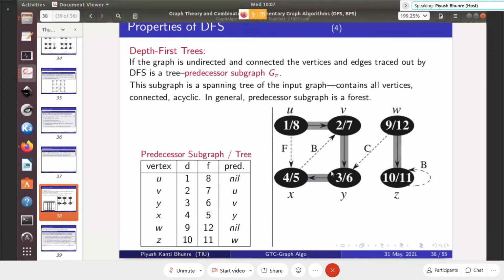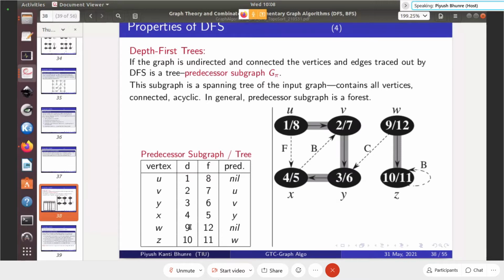In this way, the predecessor edges, basically tree edges, are considered to construct the predecessor subgraph, and this can be put in a table also. As soon as you execute the algorithm, it stores all those predecessor values, and we can immediately construct the tree.